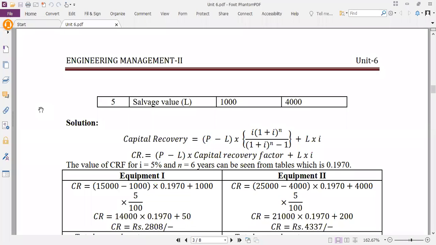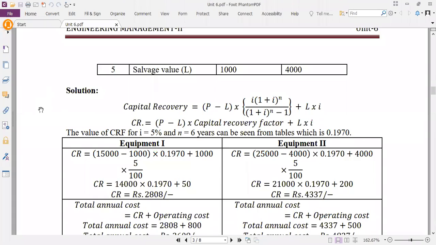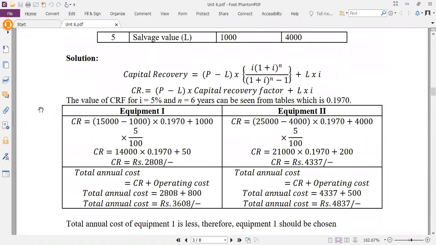Okay, so like this, if you make the calculations, equipment 1 gives capital recovery of 2,808 and equipment 2 gives capital recovery of 4,337, and to that capital recovery you are required to add the operating cost of that equipment. Then you will get the total annual cost. The total annual cost of equipment 1 will be 3,608 and the total annual cost of equipment number 2 is 4,837.